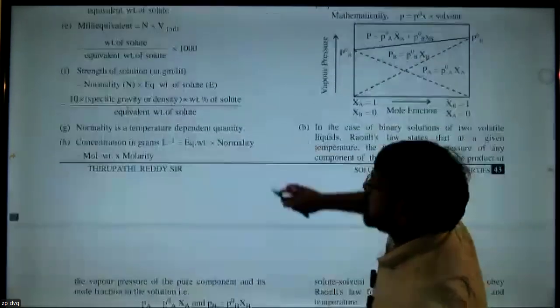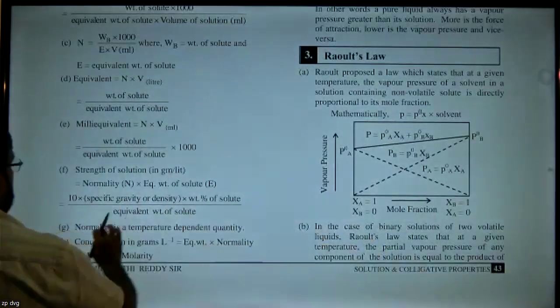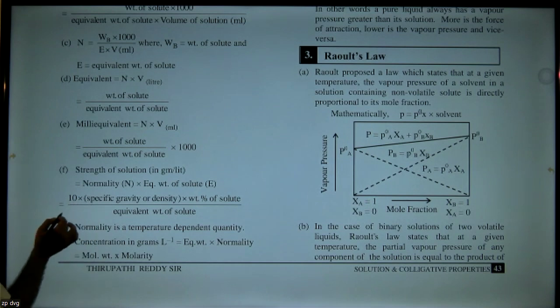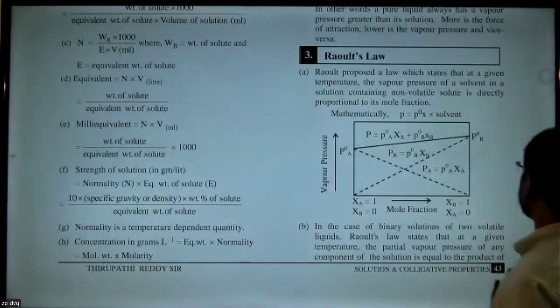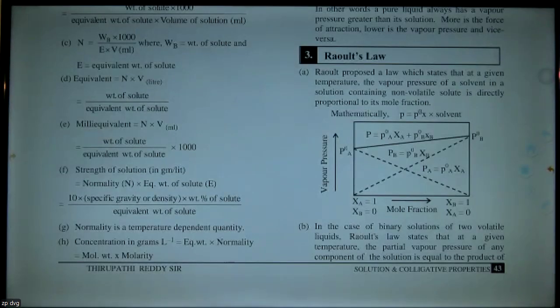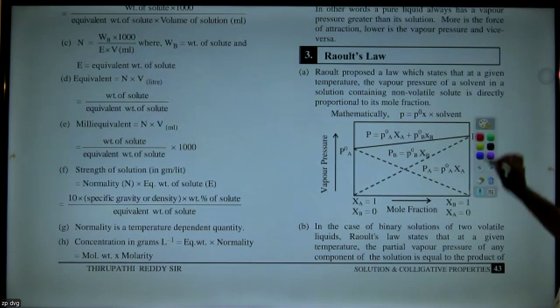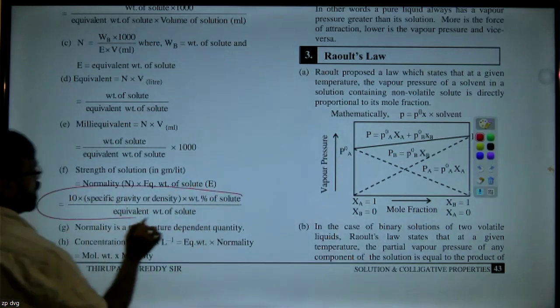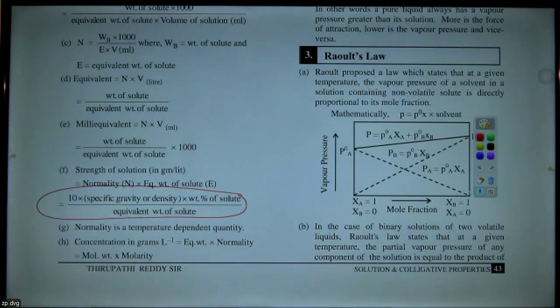See, suppose they given specific gravity or density, then which formula can we use? This is the formula we will use to get the normality: 10 into specific gravity or density and weight percentage of solute divided by gram equivalent weight of the solute.